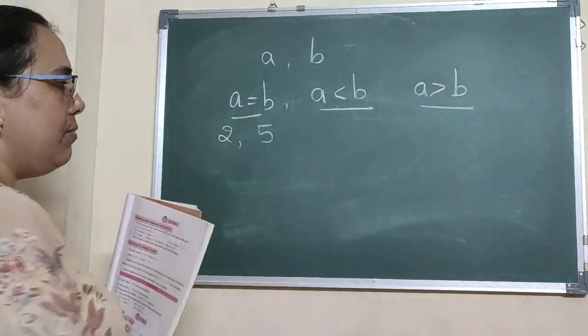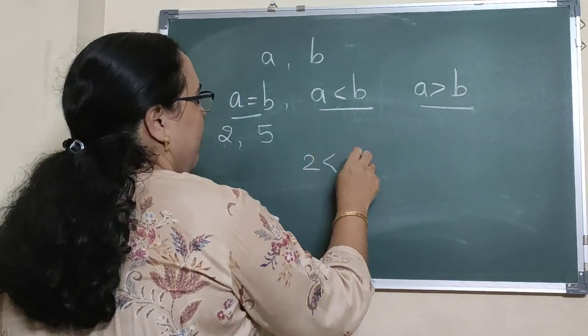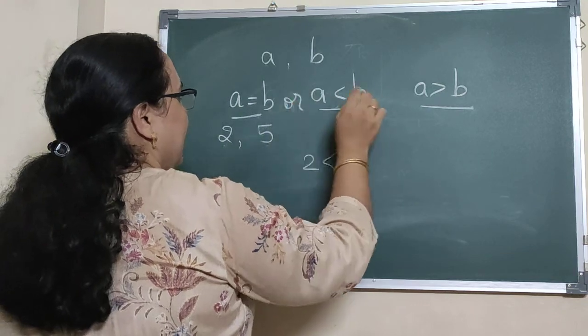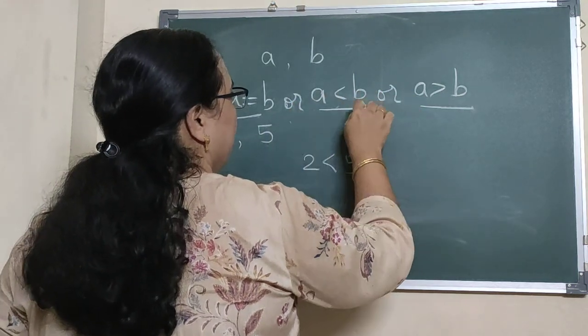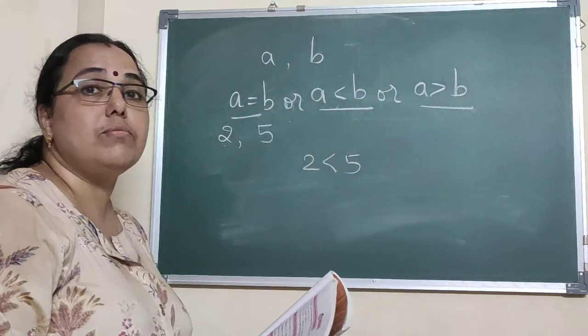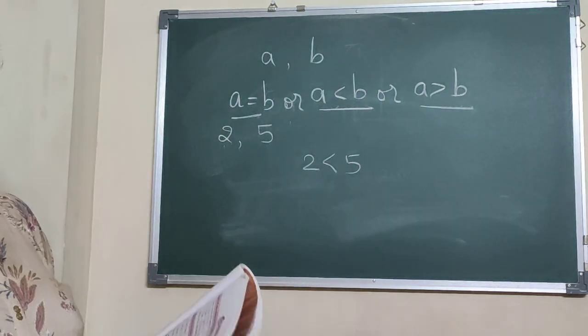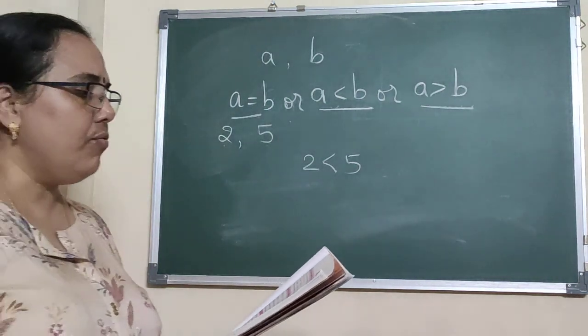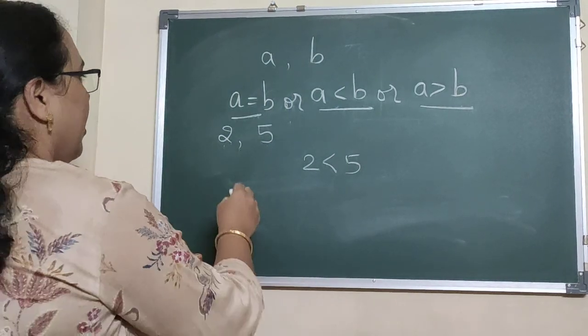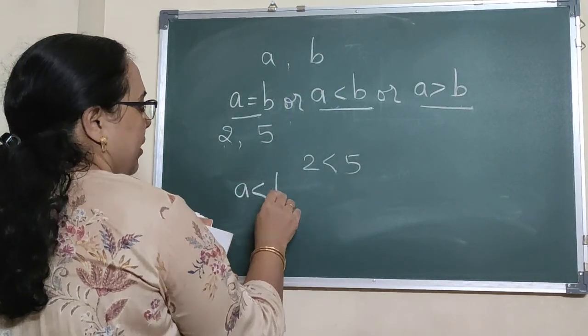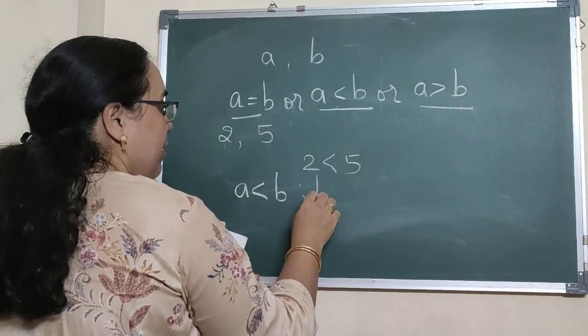Yes, it will be 2 is less than 5. So it is either this or this or this. All three is not possible with one set of numbers. Is that very clear?